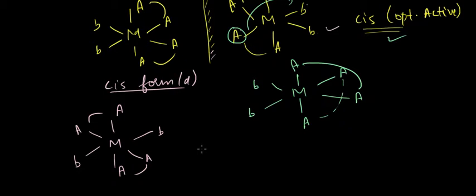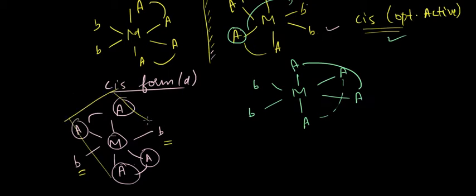Now we can have a plane of symmetry cutting all these 4 atoms and the central metal atom. Hence there would be a POS, as these two B's would be mirror images of each other. So this would be the plane, and these two B's would be mirror images of each other. So there would be only one trans, which would be optically inactive.